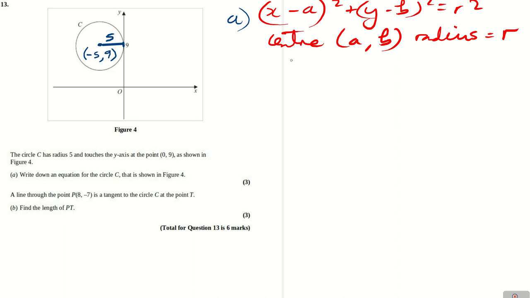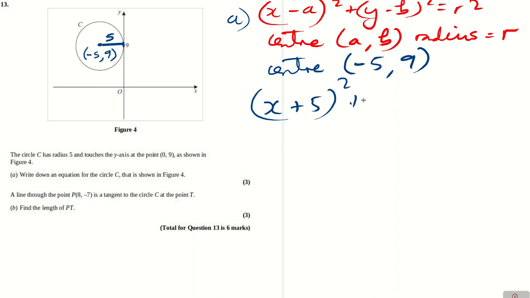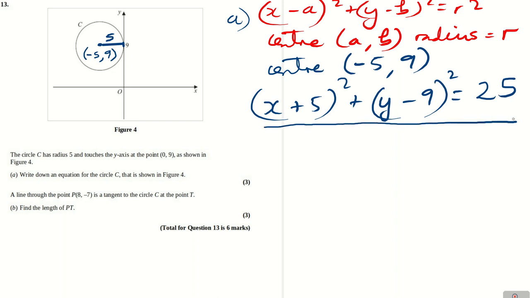Now our centre we've just worked out is -5, 9. So if we plug these in, we're going to get (x minus -5), or (x + 5) squared, plus (y - 9) squared equals r squared, but r is 5, so that's going to equal 25. And that's the answer to part A.